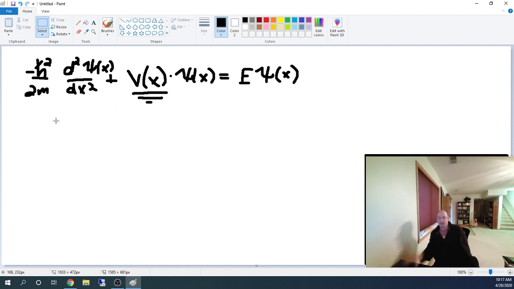Then we looked at the fact that the wave function could be separable, having multiplicative components: psi has an x piece times a y piece times a z piece. We were just guessing that would be true, and we found that it was separable, that we could turn it into 3 one-dimensional problems.